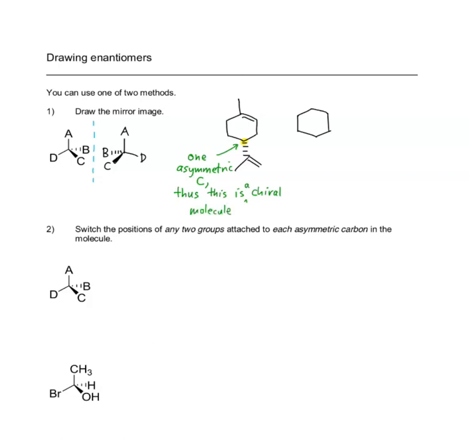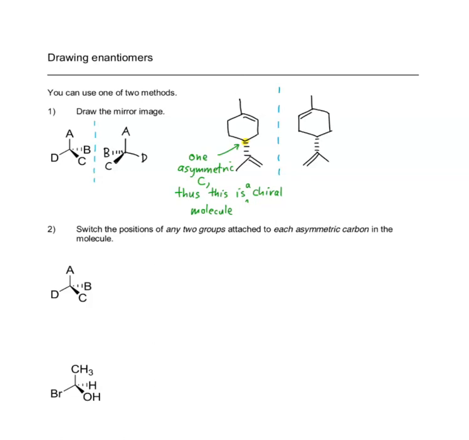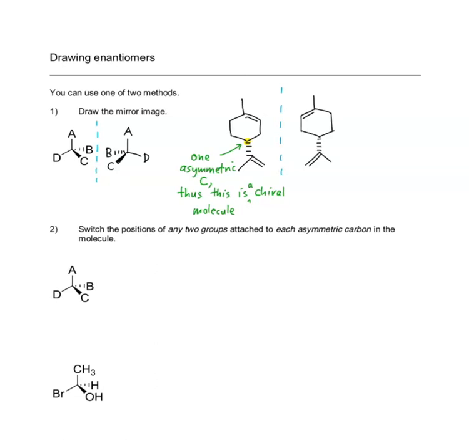So this is a chiral molecule, thus it will have one enantiomer. And so to draw it, we just draw the reflection of what we see, again, as if you were holding your hands next to each other. Okay, so you could always just draw the mirror image.